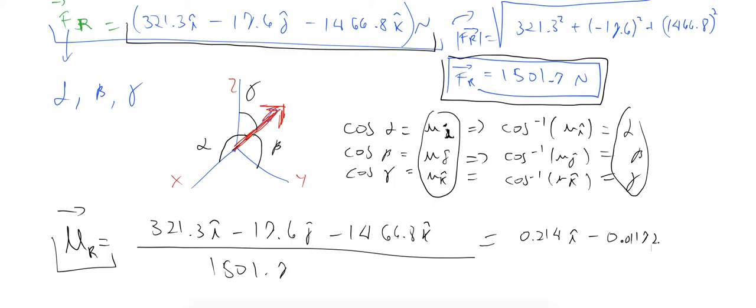That gives 0.01172 J, minus 1466.8 divided by 1501.7, 0.9767 K.